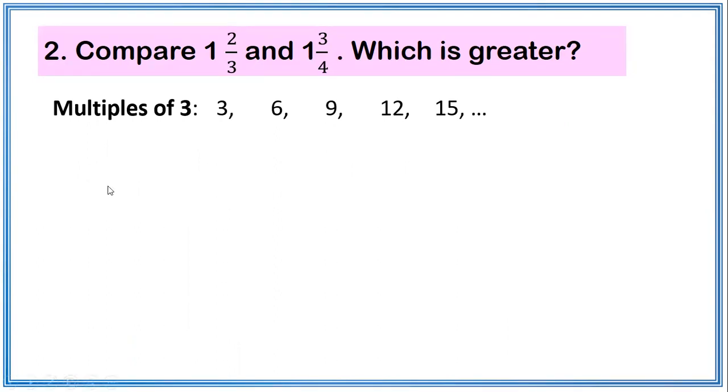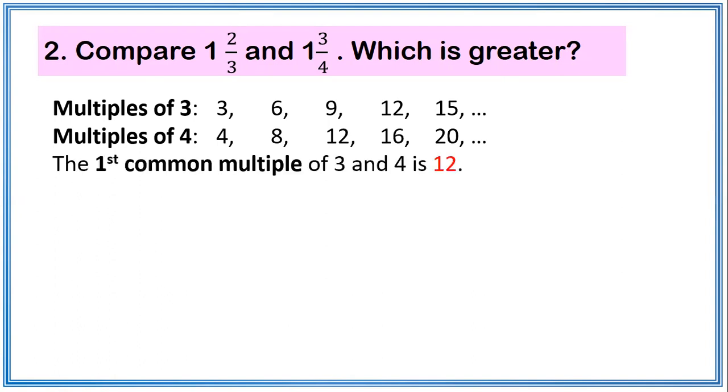The multiples of 3 are 3, 6, 9, 12, 15, and so on. The multiples of 4 are 4, 8, 12, 16, 20, and so on. The first common multiple of 3 and 4 is 12. So it means the common denominator of 2 out of 3 and 3 out of 4 must be 12.